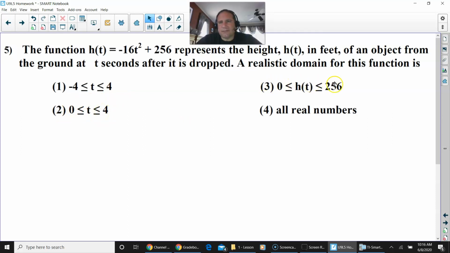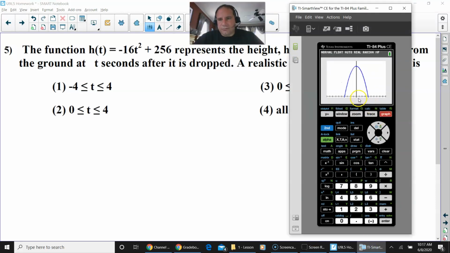Is it from 0 to 256? That's not the domain. Is it all real numbers? That's not the domain, right? Domain cannot be all real numbers, and all real numbers includes all negatives and positives, so it cannot be that. So the only one that it looks like, the domain from here to here, right there, of the ball being dropped is number 2.